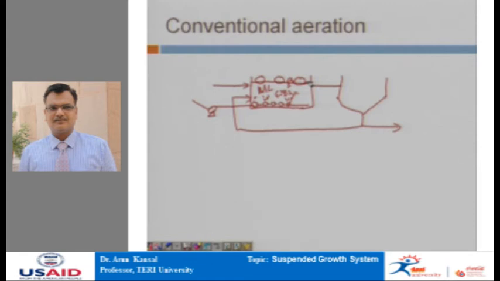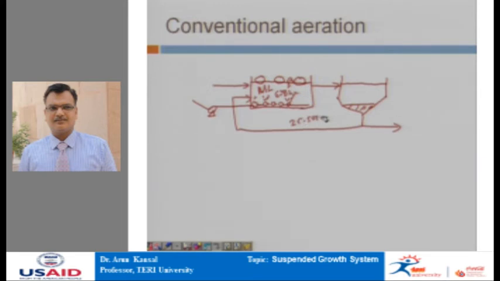The mixed liquor is settled in the activated sludge settling tank, and the sludge is returned back into the system, which is approximately 25 to 50% by ratio of the incoming flow rate.